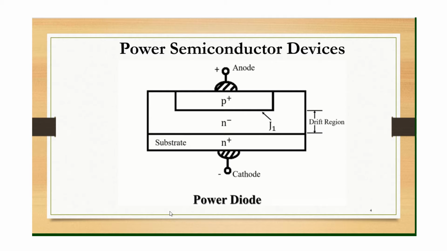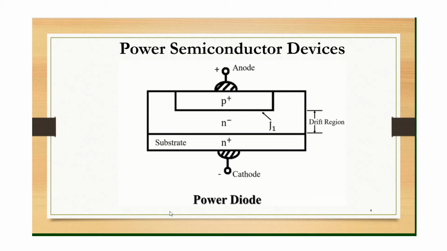So here the substrate is nothing but the one which is forming the cathode terminal. Okay, and the P plus is one which will be forming your anode terminal.